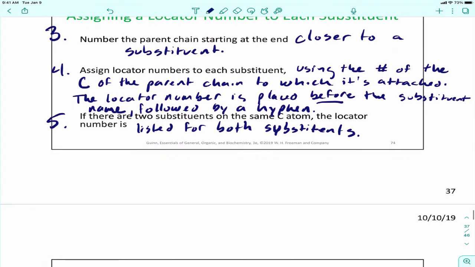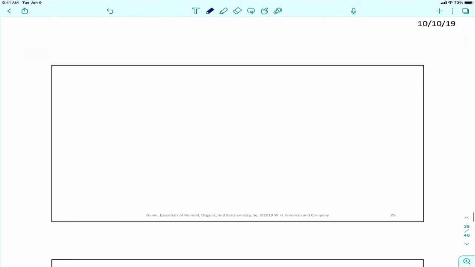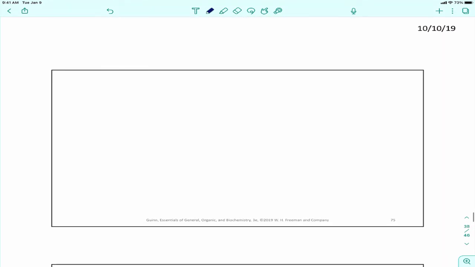Now, let me give you an example. Let's say I want to draw this compound. So here's your compound.